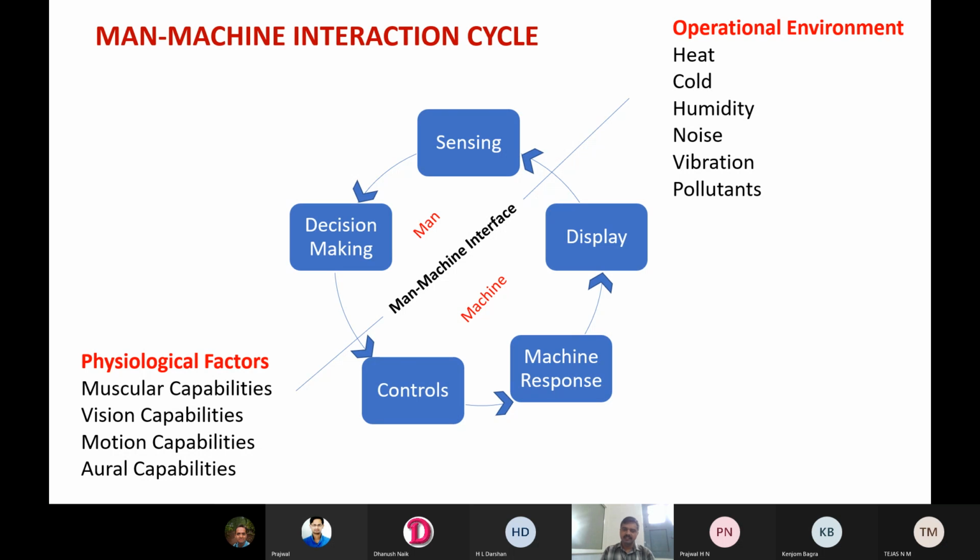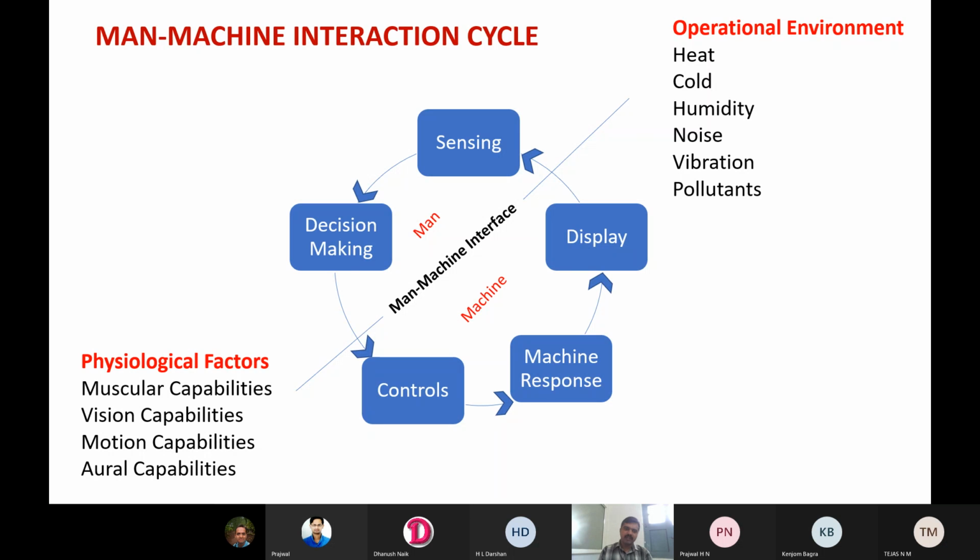Without this interaction, it is not possible to operate any machine, or to drive a car or a vehicle. So even though machines are non-living things, we need to communicate with them. How man is going to communicate with a machine, and what design considerations need to be followed while designing any instrument or device, that we are going to discuss in this topic.